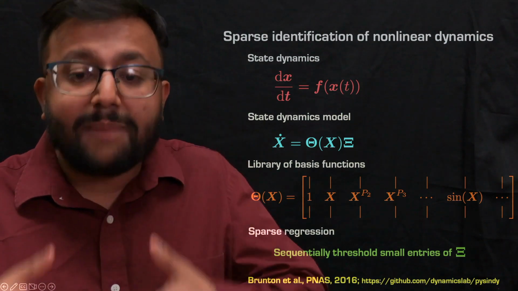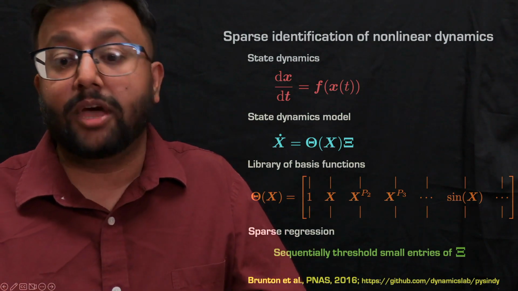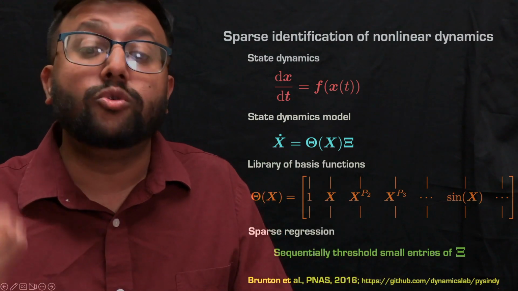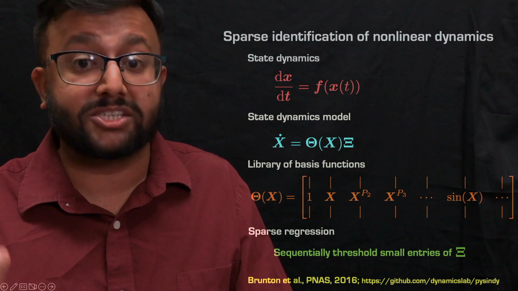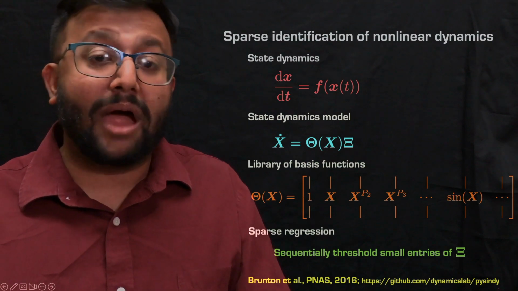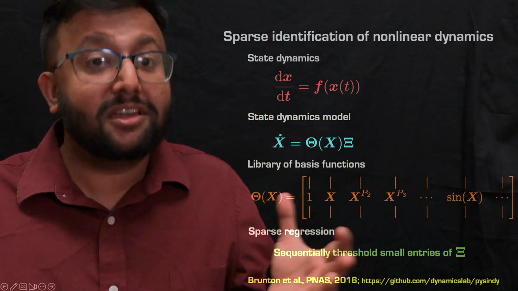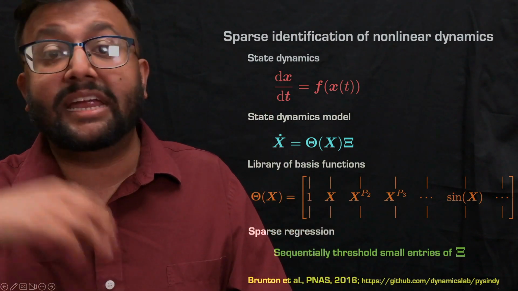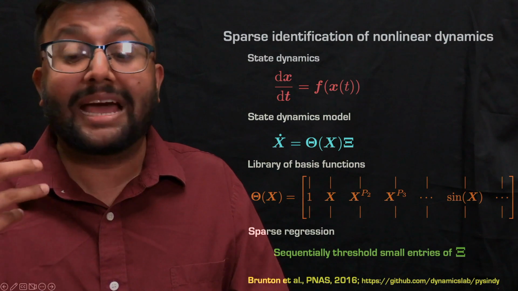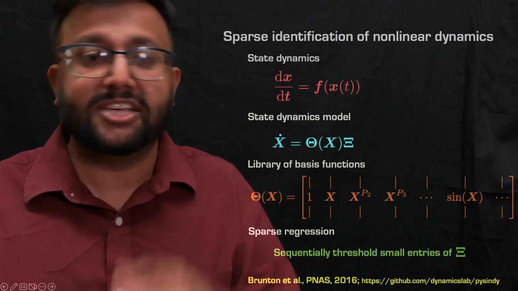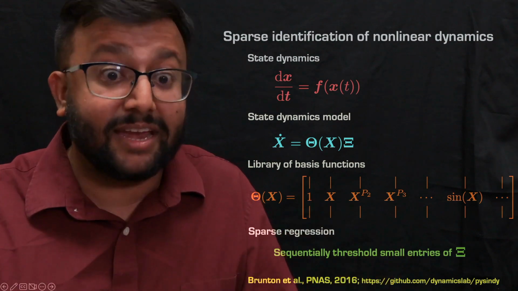If you keep repeating this procedure, the model coefficients will essentially converge and you will end up with a really sparse model. I want to emphasize that the modular nature of this sparse identification algorithm in designing different libraries, as well as the simplicity of constructing a sparse model, is what makes this a very exciting approach.